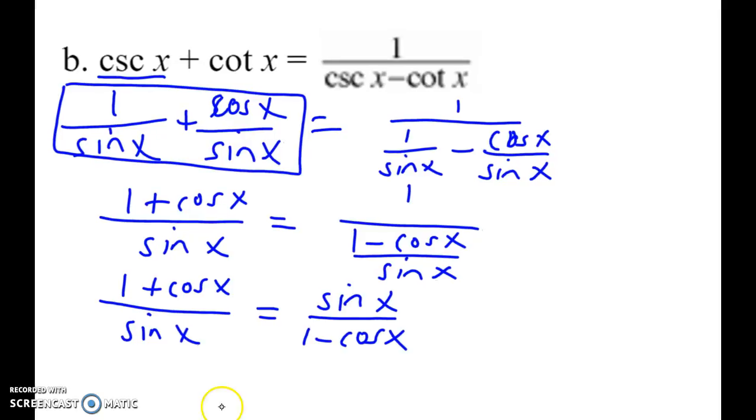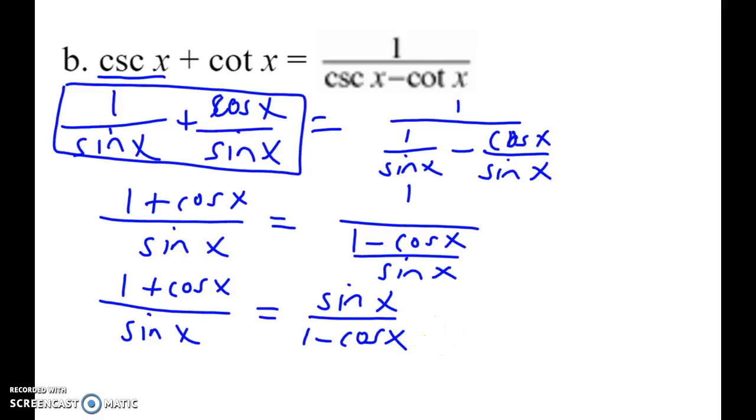It is still my goal to make one side turn into matching the other. So I would like to try something. I'd like to get these denominators on each side of my equal sign to be the same as each other. So I'm going to multiply the right side by the conjugate.